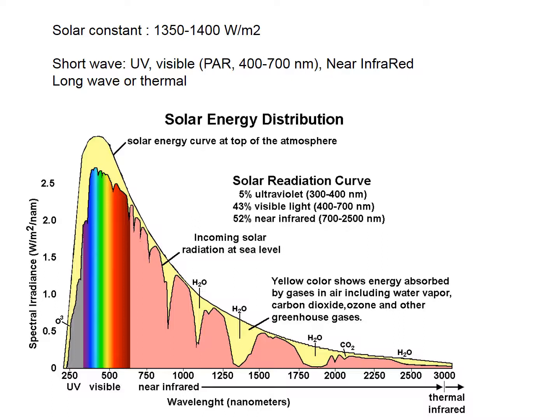The amount of energy reaching the top of the atmosphere is composed of 5% ultraviolet, 43% of visible or PAR, and 52% of near infrared.